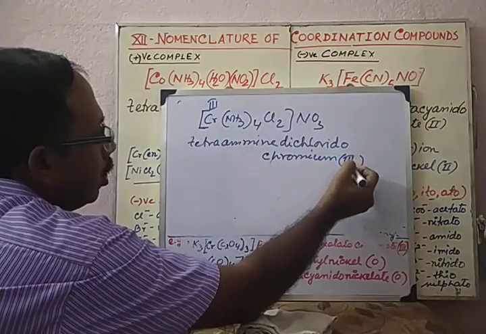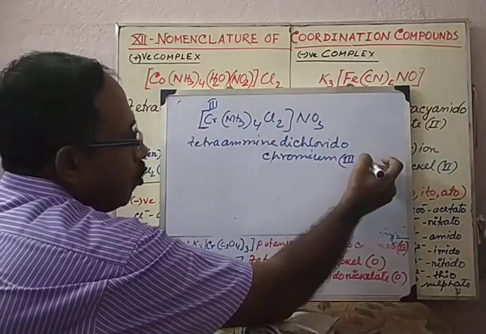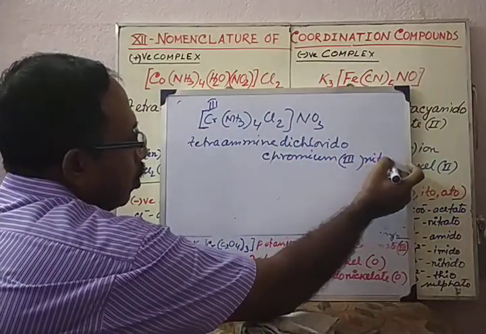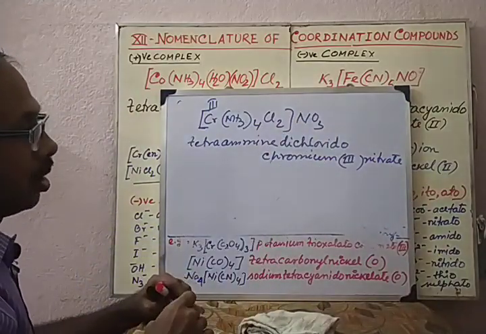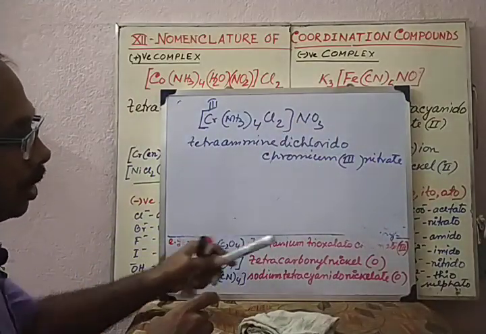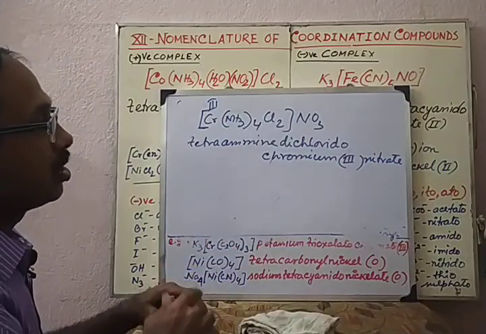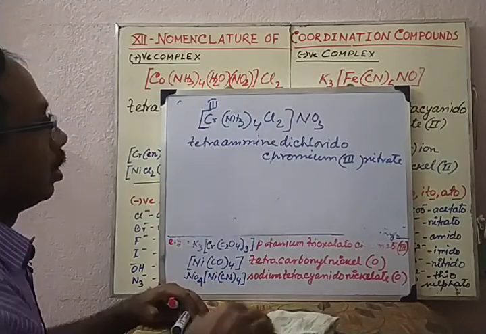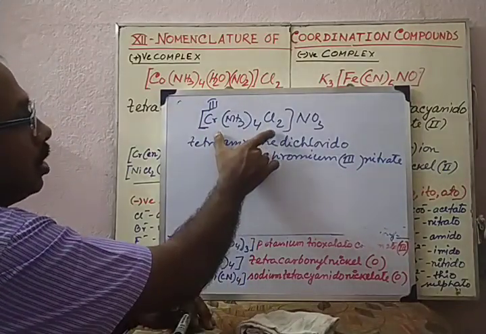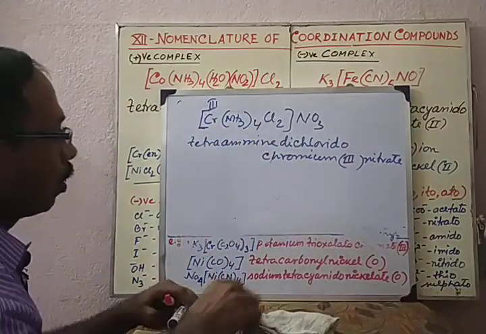So it is chromium(III), then outside the counter ion is nitrate. We should not write the counter ion's name as nitrito as I had shown you for ligands. It is written as nitrate, the original name. The name of the ligands is changed only within the coordination sphere.